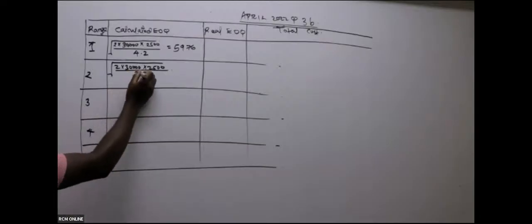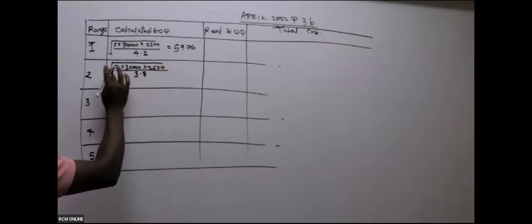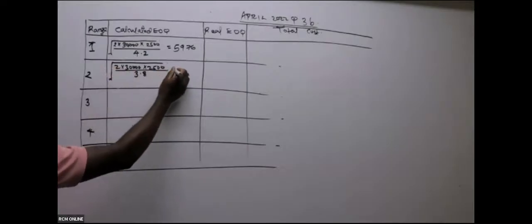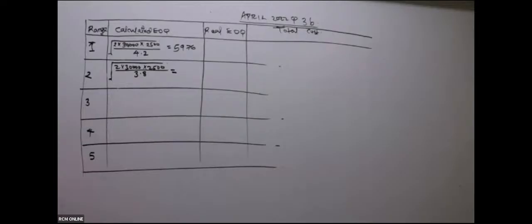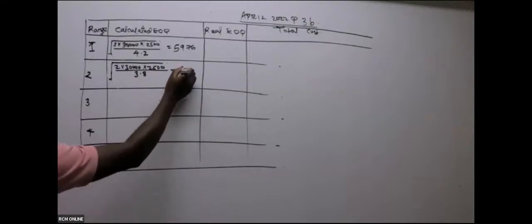So when you bring 3.8 here, what are you getting as the calculated economic order quantity? 62.83.